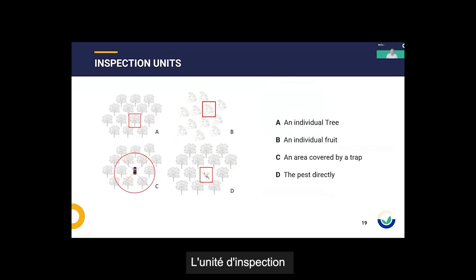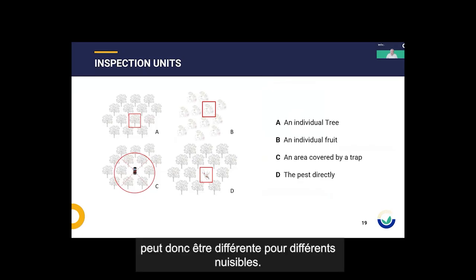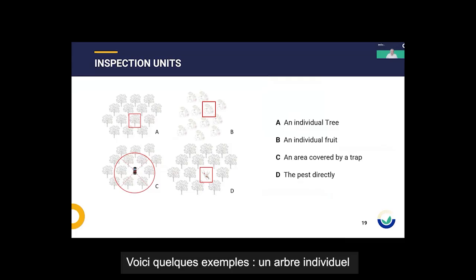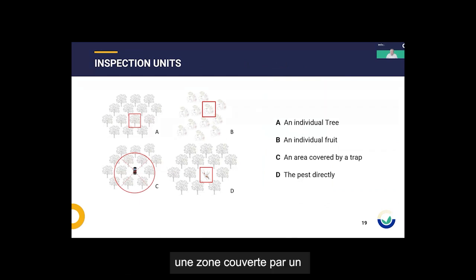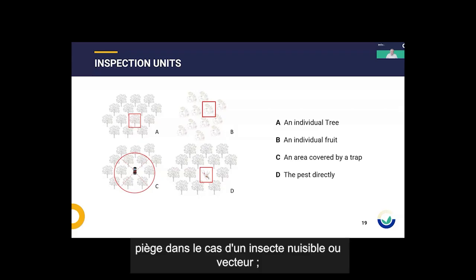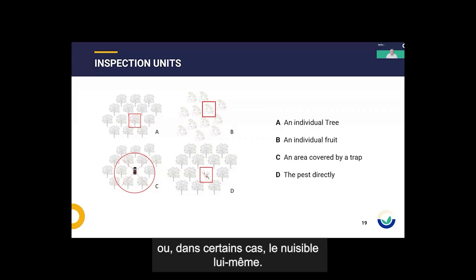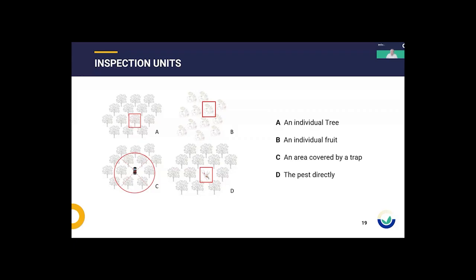The inspection unit can be different for different hosts and different pests. Some examples can be an individual tree or a group of trees, an individual fruit on the tree, in the case of an insect pest or a vector, the area covered by the trap, or in some cases the pest itself.